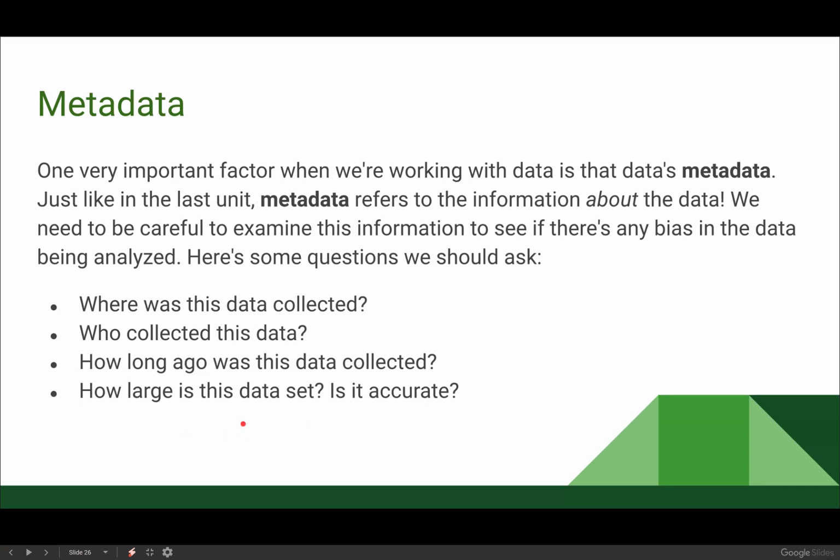And how large is this data set? If we have a very small data set, it's less likely to be indicative of the world at large. The larger our data set, the more likely it is to be related to our actual world and how it works. So we want to make sure that we have large, complete data sets that are accurate to the way that the world actually works.